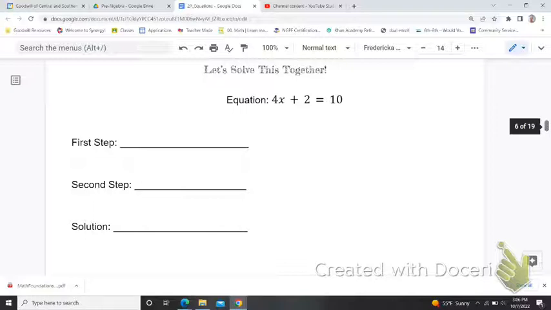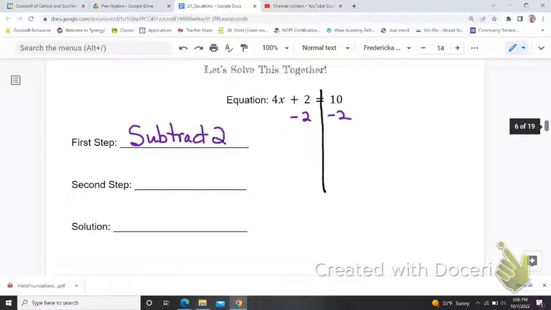So my equation, I'll go ahead and put my line down through here. First step, I need to get rid of that 2, so I'm going to subtract 2. So my first step is subtract 2, and of course, both sides of the equal sign. And then we can actually simplify that.